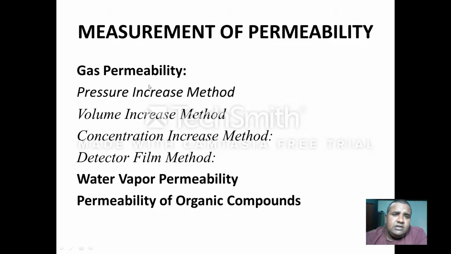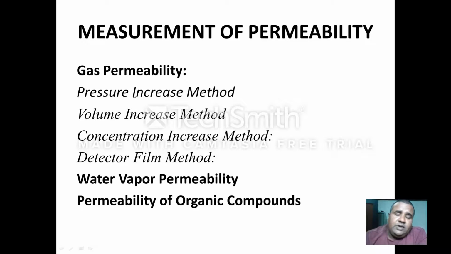So in this case, the volume will remain constant. In the pressure increase method, the volume will remain constant. What we will do, we will take the specimen. On one side, we will create the high pressure. On the other side, the pressure will be low. So there will be a diffusion of gas from high concentration to low concentration. As the diffusion of gas takes place, the pressure in the region where it was low will increase simultaneously.